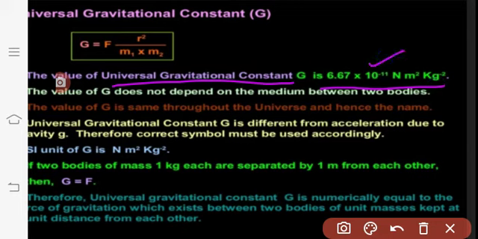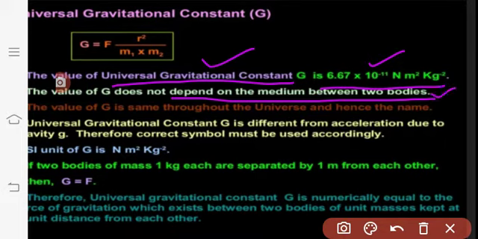The G value does not depend on the medium between the two bodies, the mass of the bodies or the distance between them. So this law is universal in the sense that it is applicable to all the bodies, whether the bodies are big or small, or whether they are terrestrial or celestial.